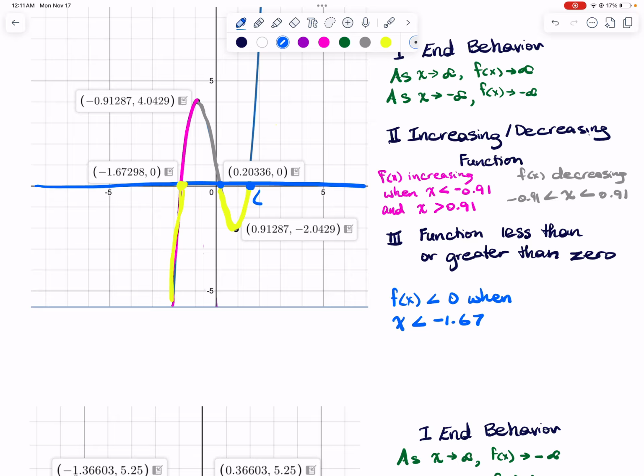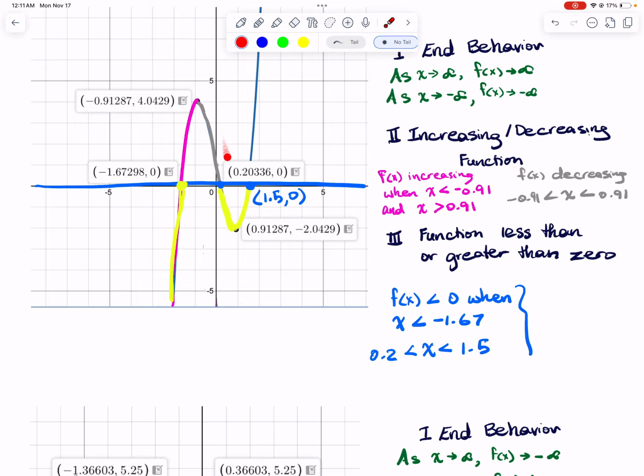So let's just mark this off as 1.5. This is just an estimate, just for the sake of this video. So it's also f of x is less than 0 when x is between 0.2 and 1.5.